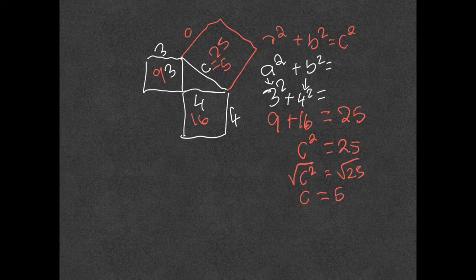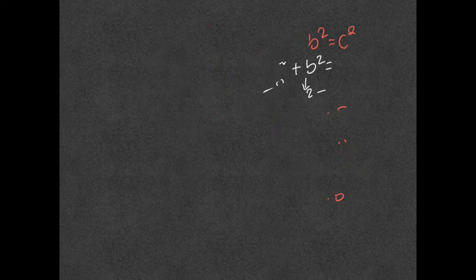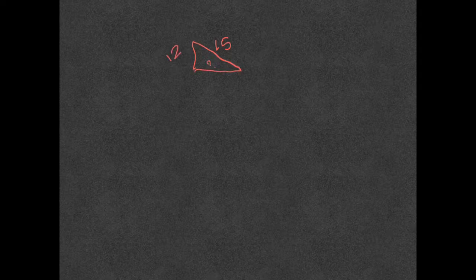And you can use the Pythagorean theorem not only to solve for the hypotenuse, but you can also solve for A or B. And this is a practice problem that I'll show you to do that too. So first you can have a side length of 15, and then you can have another side length of 12, and you're basically solving for B, or the side length of this.